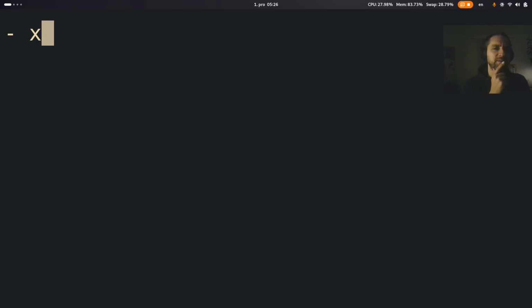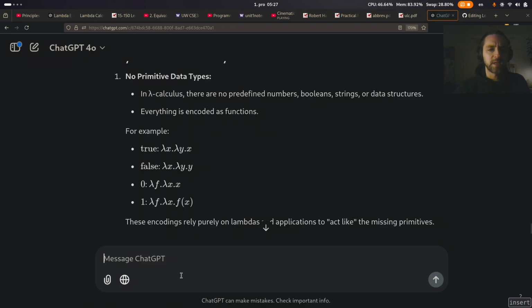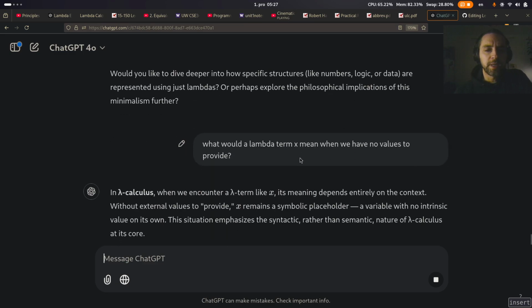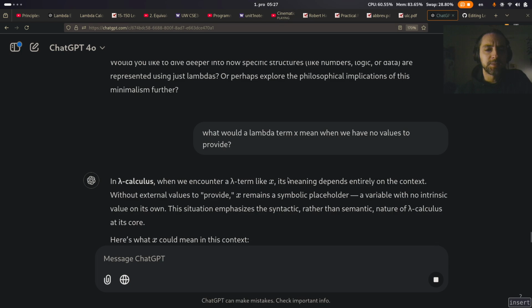But what would x mean actually if we don't have values? That's kind of like, what would a lambda term x mean when we have no values to provide it? When we encounter a lambda term like x, its meaning depends on context.